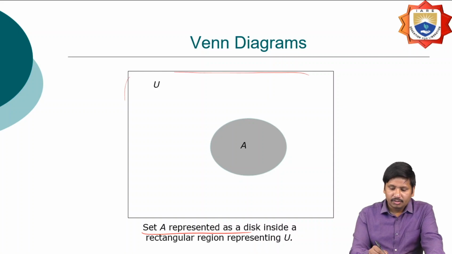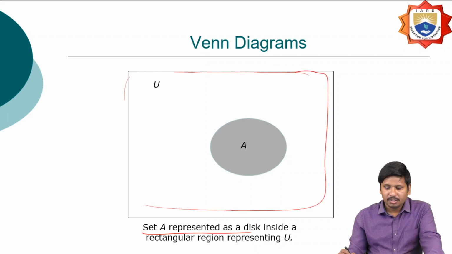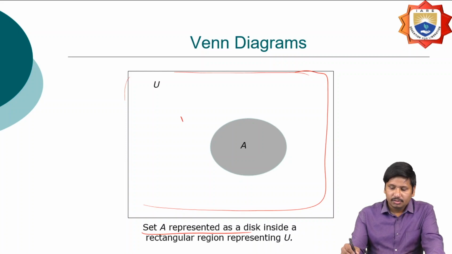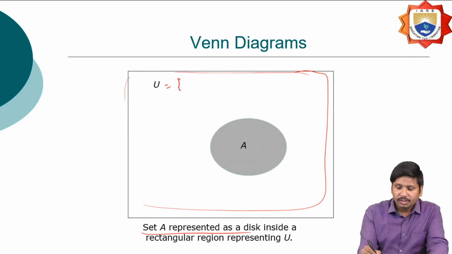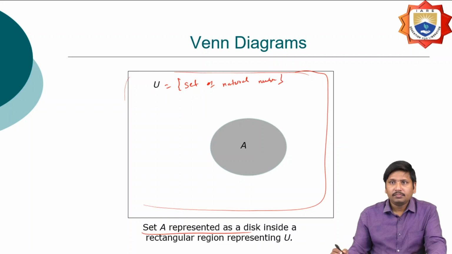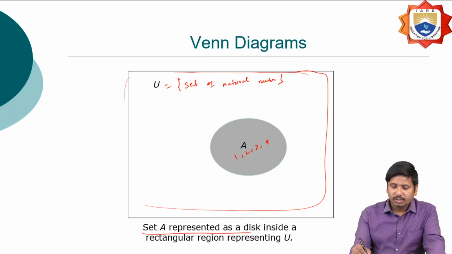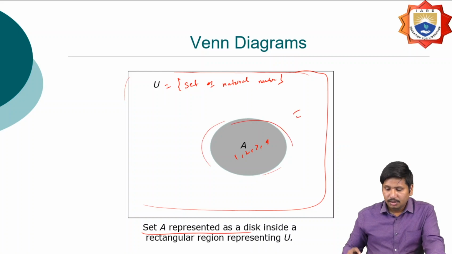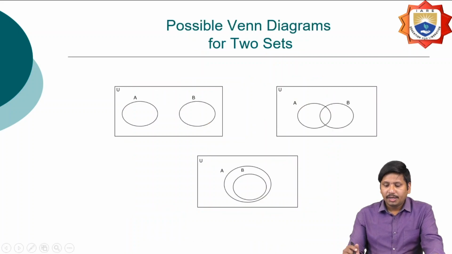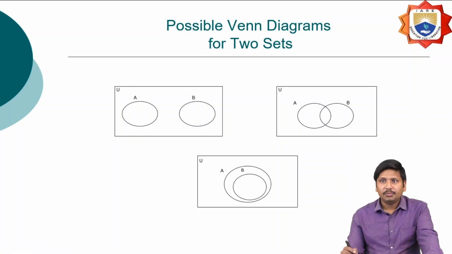So this entire thing is the universal set of all natural numbers, and A is a set of numbers. That means A is some part of this universal set. So here are some of the possible Venn diagrams we are going to have.